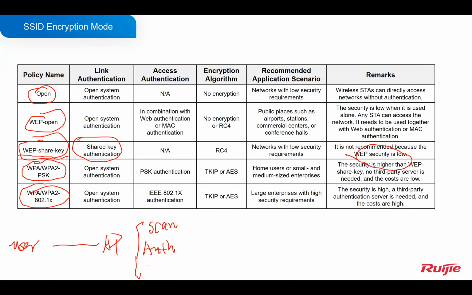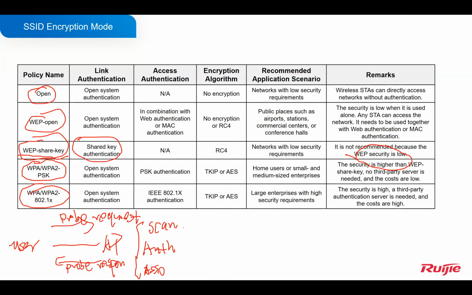After this, we can do the association between the user and the AP. And then we can see for the process, the user sends the query and request to our AP device, and the AP device will send the probe response to the user.